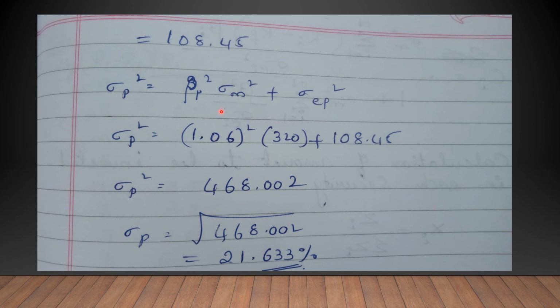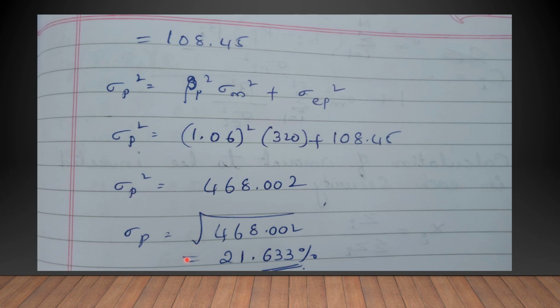In the previous slide we got that value, 108.45. By doing these calculations, you get 468.002. Okay, so it is in square.